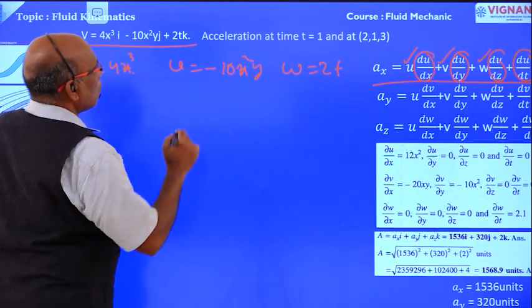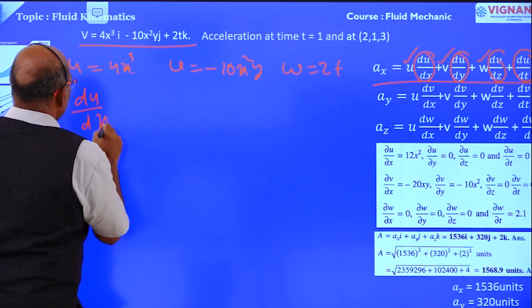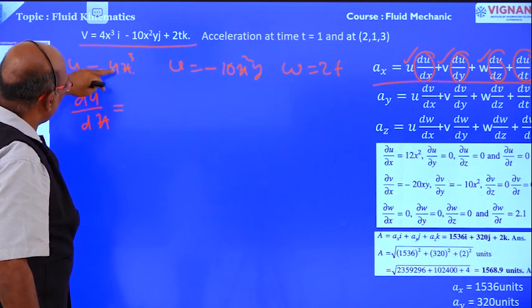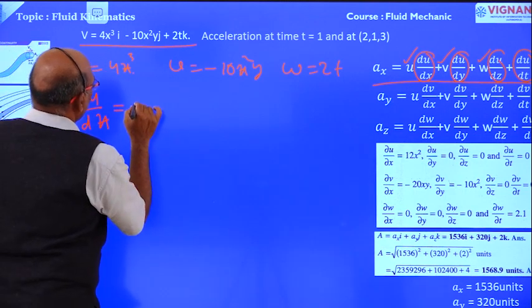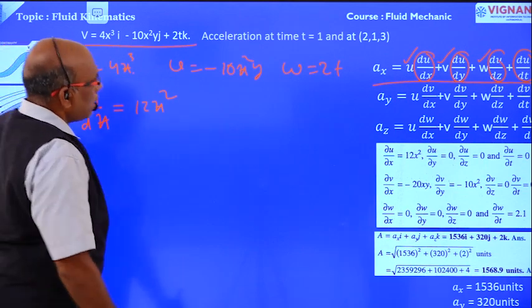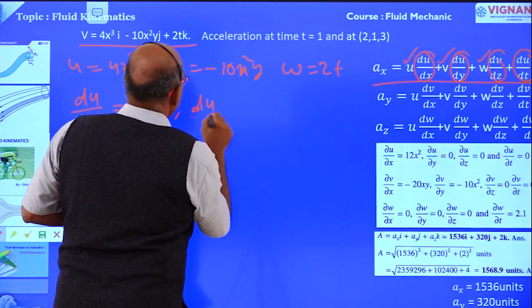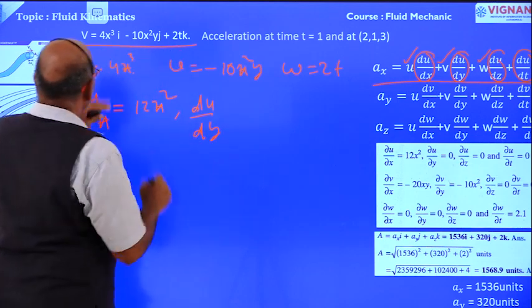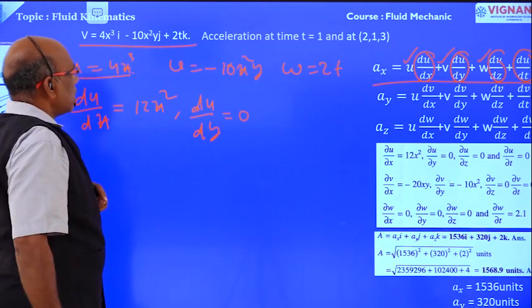Right. Now du by dx, this is the u is equal to 4x cube, differentiation of this value, that is equal to 12x square. Then du by dy, this equation differentiate with respect to y, that is equal to 0.